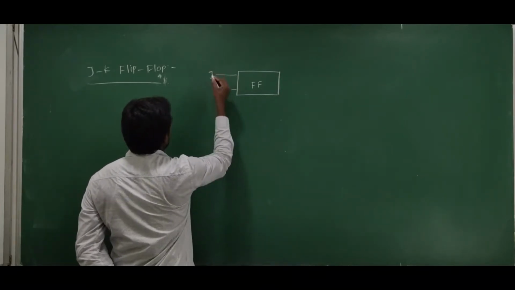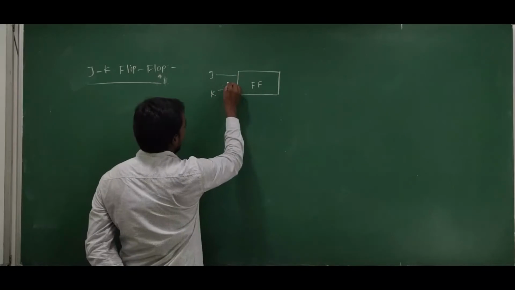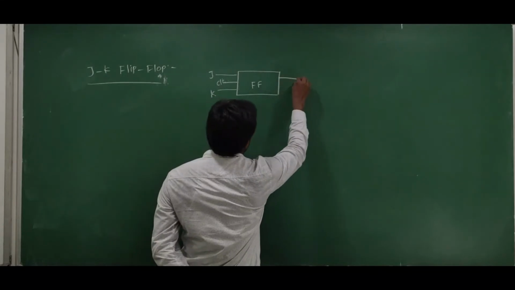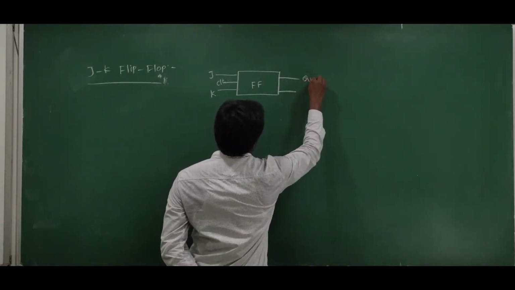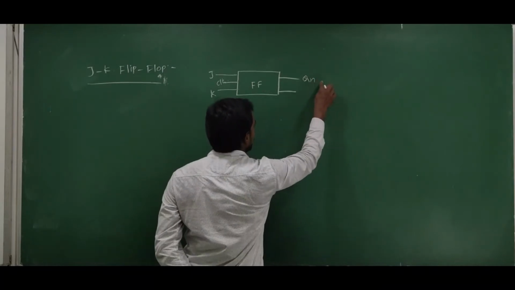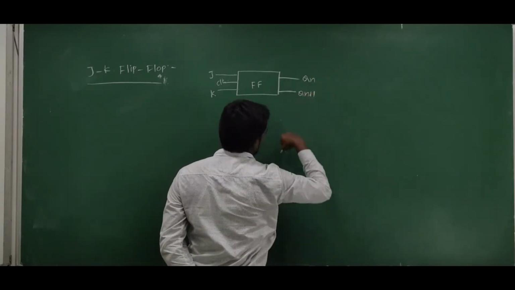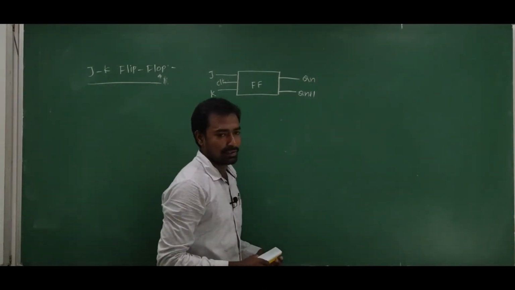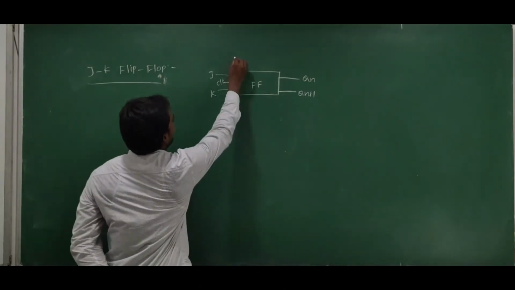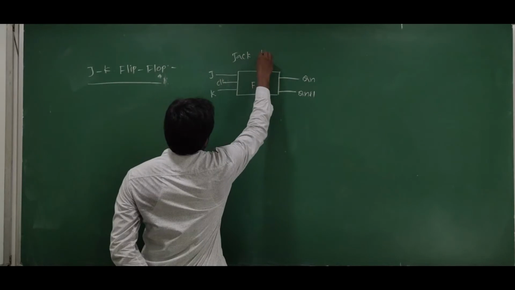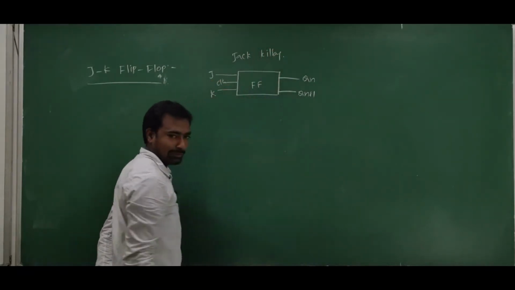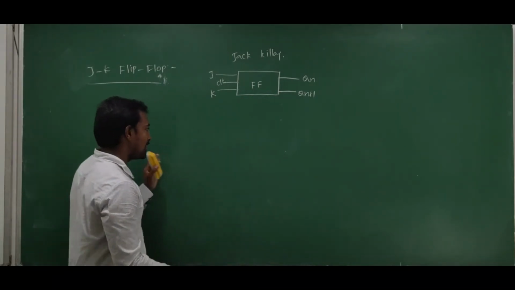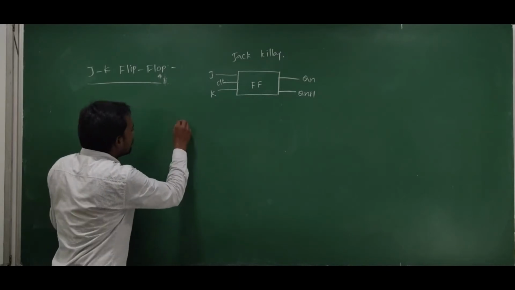I am giving two inputs, J and K, and here we are giving the clock pulse, the clock signal, and we are getting the outputs Qn, called the present state, and Qn plus 1, the next state. Here JK stands for Jack Kilby.